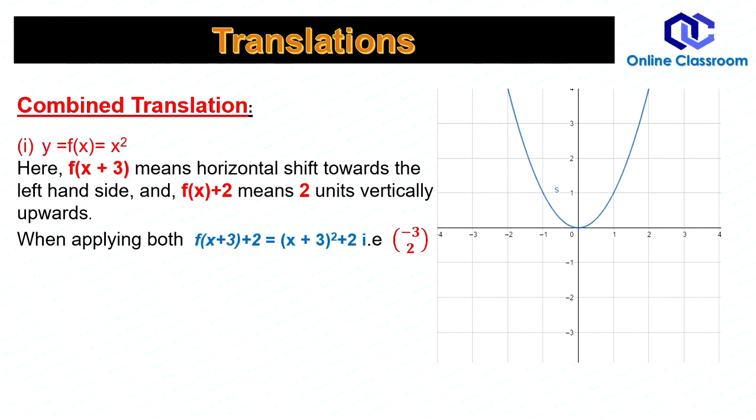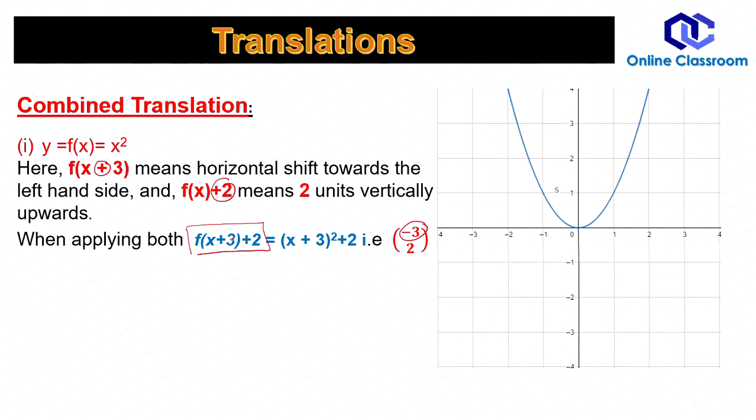Now what about if we have both combined translation, that is both vertical and horizontal? If I show it step by step, for example, if it is f(x plus 3), this shows moving towards left. You see the negative sign here, and then plus 2 means moving towards up. If I apply both together like this, this is the new function, f(x plus 3) plus 2.